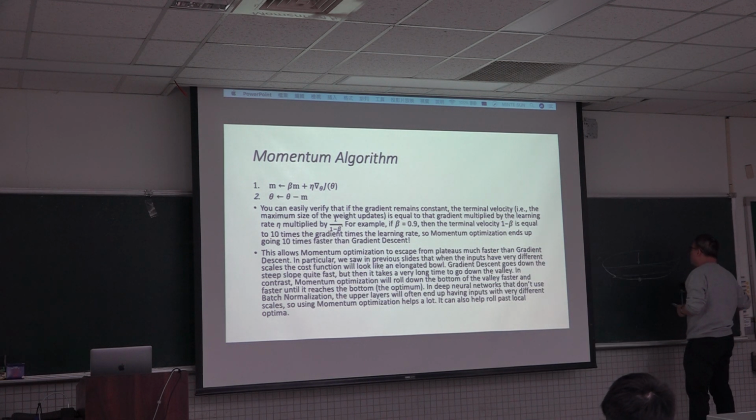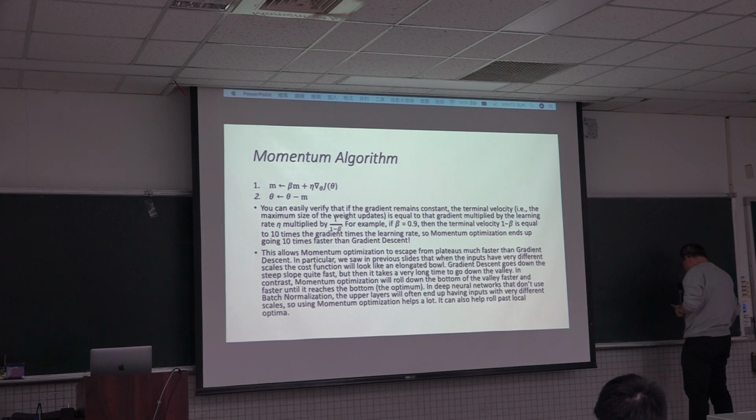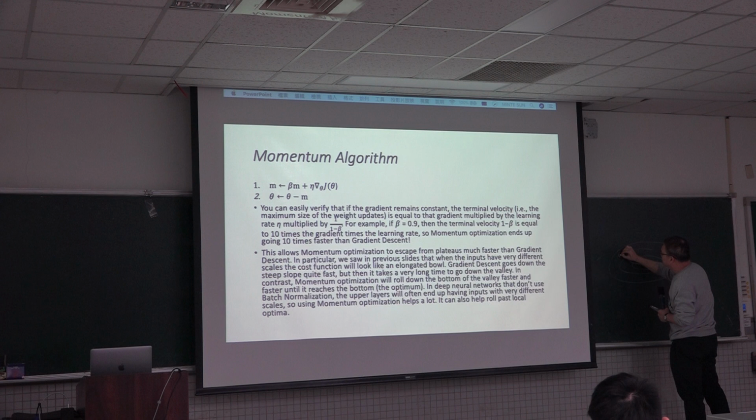If we look from the top to the bottom, as I've drawn, gradient descent is going to be like this. This is GD. But for momentum, it's going to be like this. This is momentum.